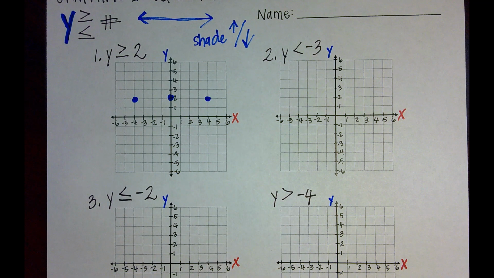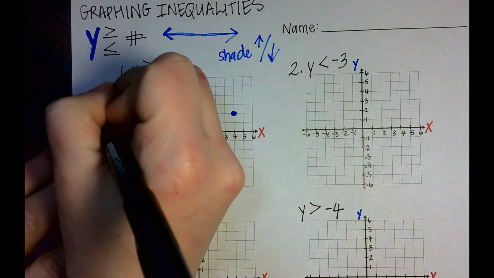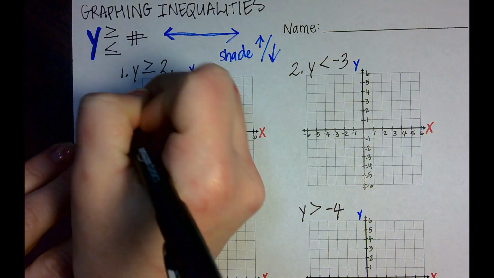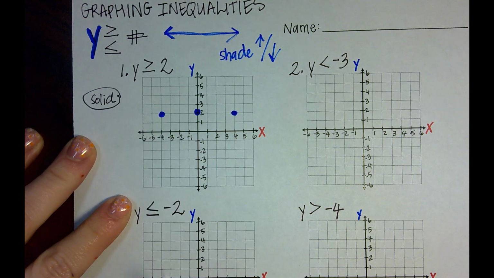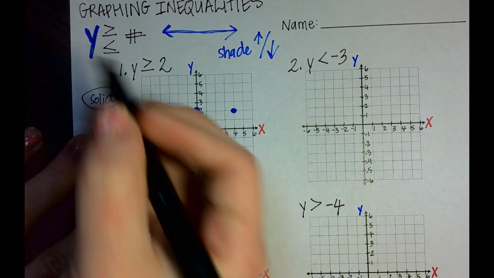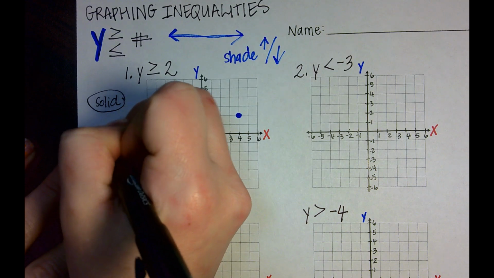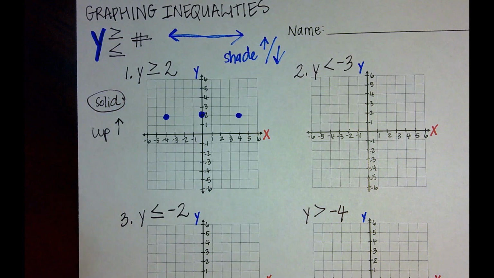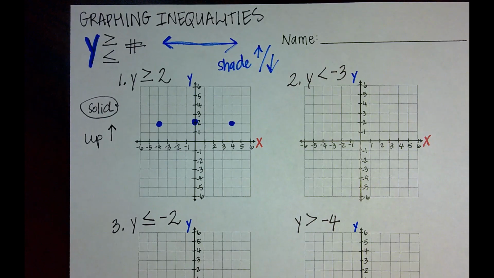Okay, so now we still need to decide the same things. Are we going to have a solid line or a dotted line? Solid. Good. We're going to have a solid line. And then are we going to be shading up or down? Up. We have y is greater than or equal to. So we shade up for the numbers that are bigger. So I'm going to draw my line and then I'm going to shade up.